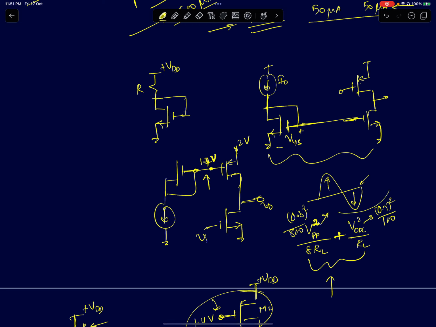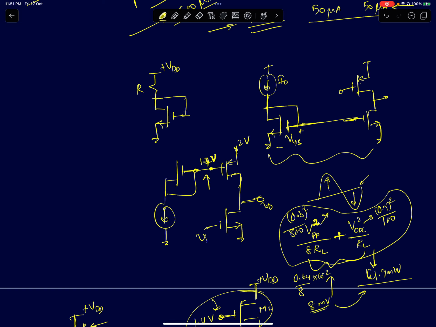So this is the final power delivered to the resistor. I think it comes to 4.9 milliwatts or something: 0.49 into 10 power minus 2, and the other comes to 0.64 into 10 power minus 2 by 8, so 0.08, so 8 milliwatts. So 8 plus 5 is 13, about 12.9 milliwatts. That's the power you are delivering to the resistor.